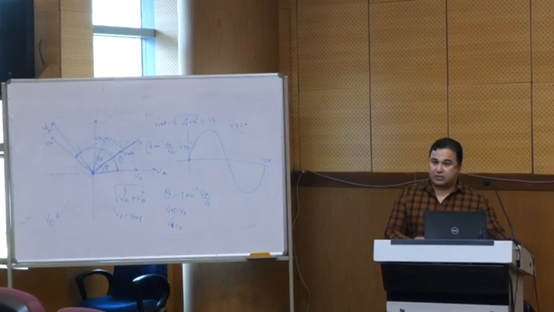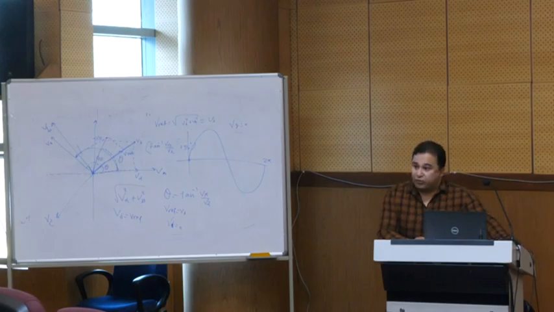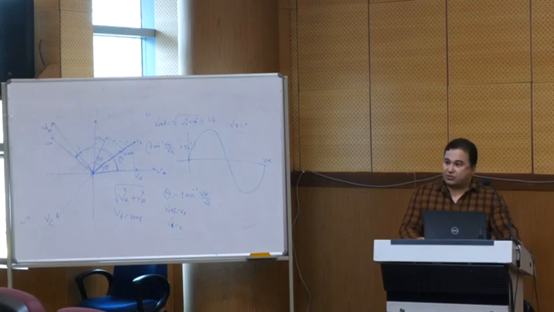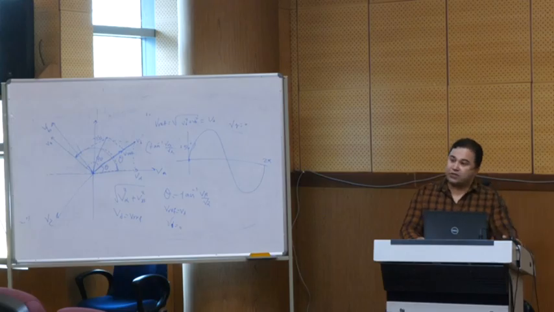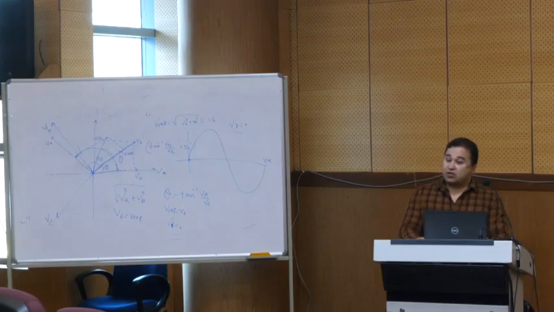When we talk about grid connected mode, grid forming mode, and grid following mode, they are different aspects. In grid following, you are working like a current source, and you just need to inject. You are not going to compensate. So probably Clarke can work better.